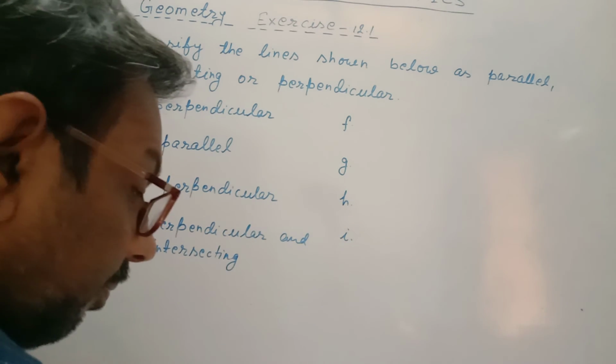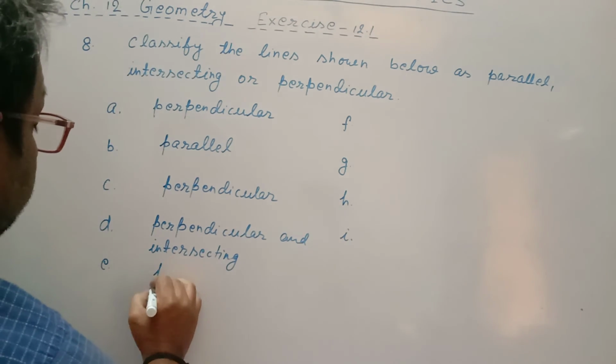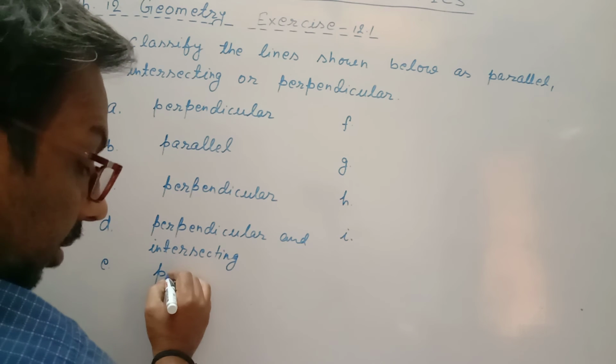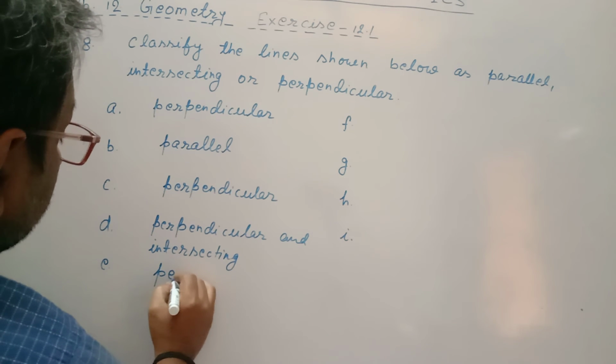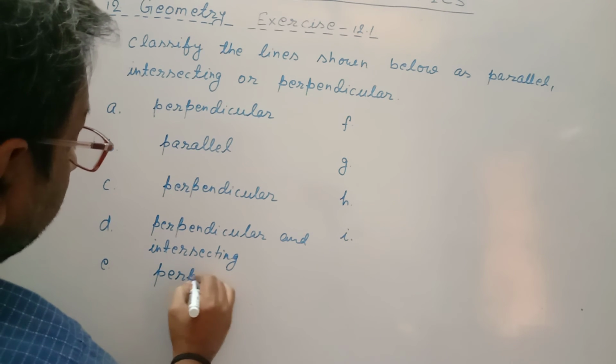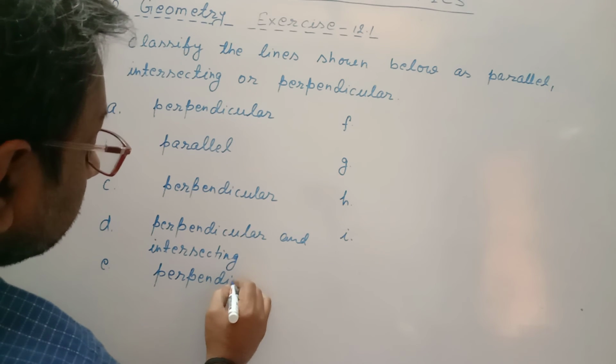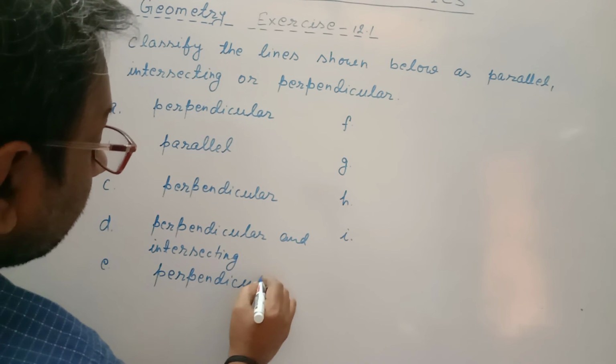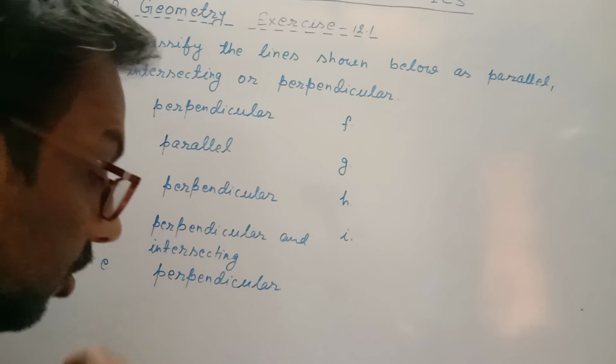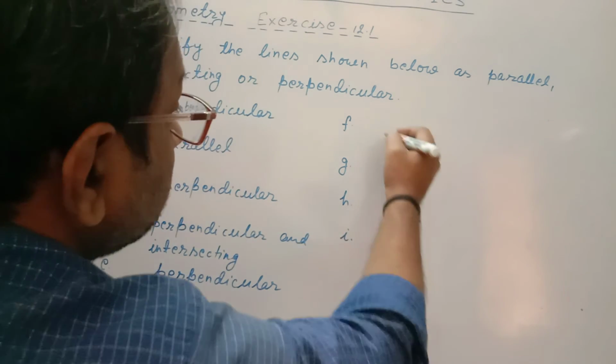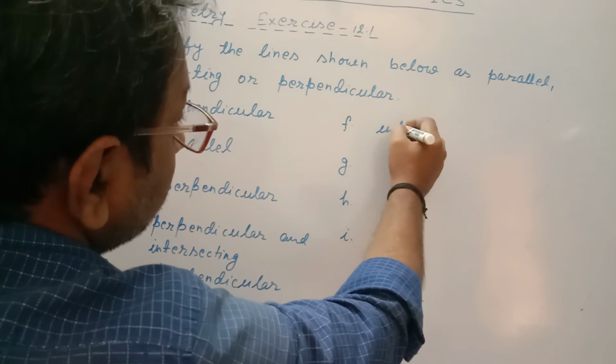Question number E, that is a perpendicular line, because 90 degrees is made, so those two lines are perpendicular. In question number F, lines are intersecting lines.